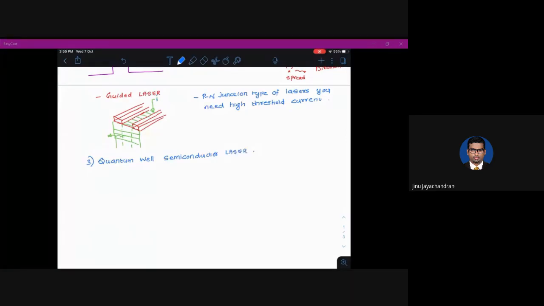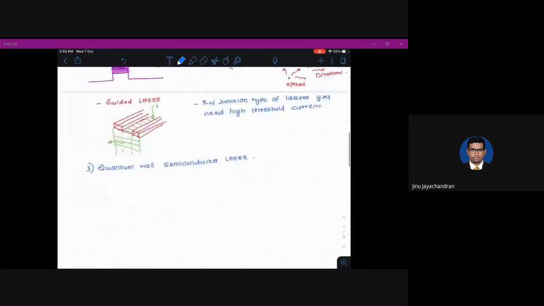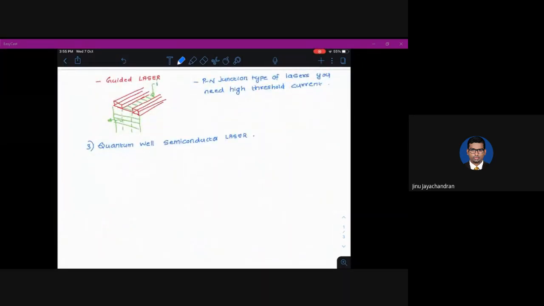Remember, in heterojunction lasers, the distance d of this quantum well is pretty high, so that phonon emission will happen, so that there will be a continuous number of energy states in the conduction band and valence band, etc. A quantum well semiconductor laser is the same as heterojunction lasers, where you have two junctions, but the width of that well or junction is very small.